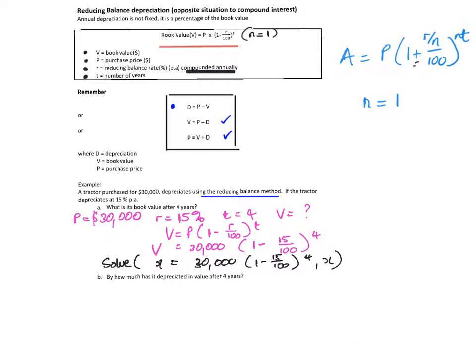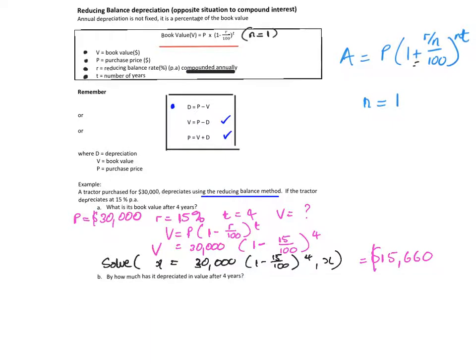And so when you put that in, you get $15,660 if we go to the nearest dollar. So that is the book value after 4 years. So something that started at $30,000 has now ended up at $15,660. So it's obviously depreciated a lot, which brings us to the next question.